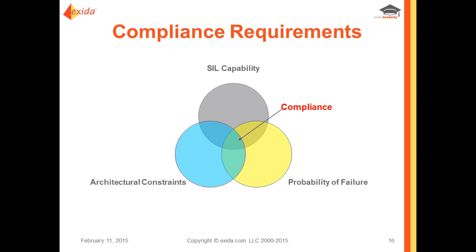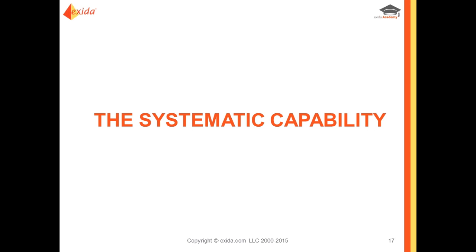So how do you find a safety integrity level? The SIL level of a product is determined by 3 things. First of all, you have your systematic capability rating, which is what you just saw on the certificate, which said SIL 3 capable. Secondly, you have your architectural constraints for the element.